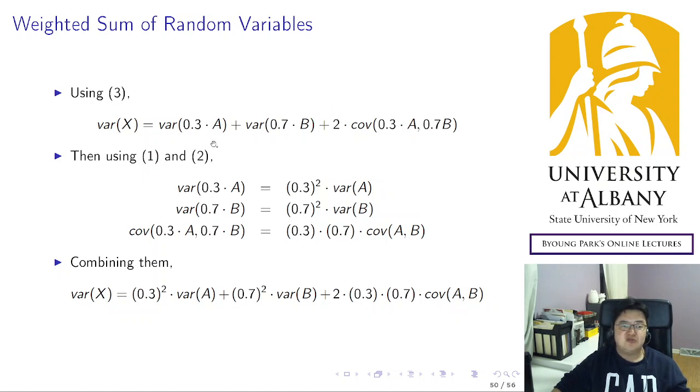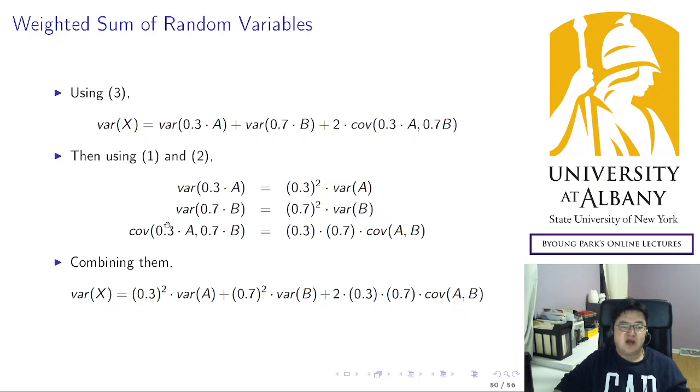We are going to use the first two formulas. The variance of A prime, 0.3 times A, equals 0.3 squared times the variance of A, right? Multiplying by 0.3 becomes 0.3 squared. Same thing, 0.7 becomes 0.7 squared.